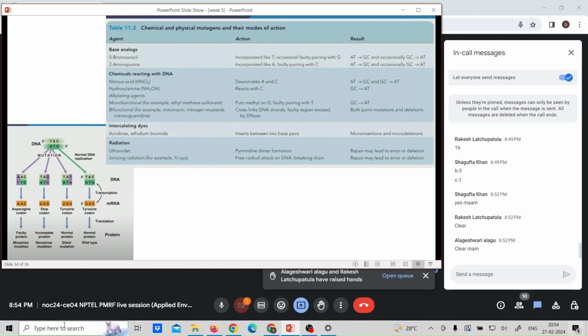Something that we saw previously: a mutation that causes a faulty protein is a missense mutation, an incomplete protein is a nonsense mutation, and a normal protein, where there is a mutation in the gene but no difference in the amino acid that has been translated, is known as a silent mutation.